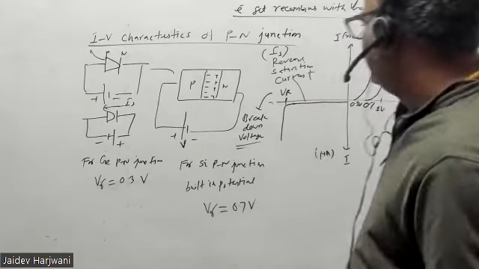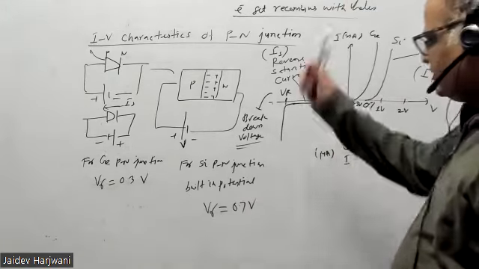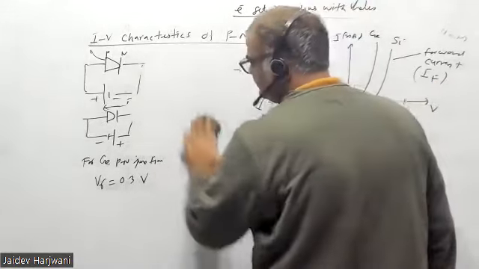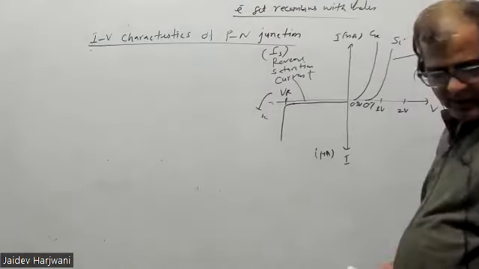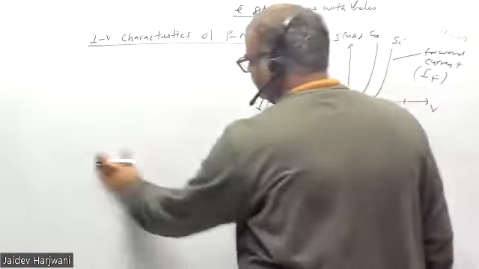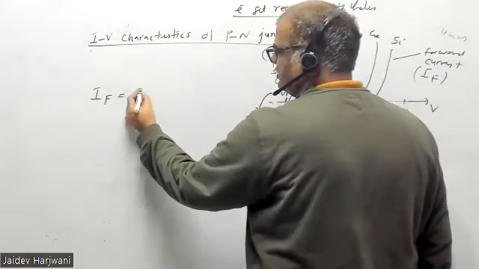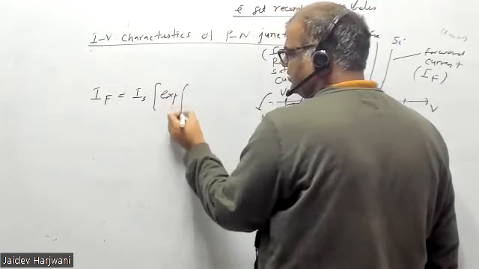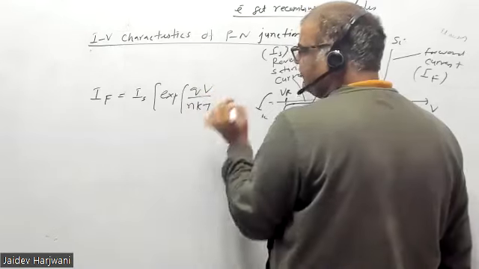Now let me tell you how we can deal with a diode in a circuit, and before that let me give you the equation of the diode. This behavior of the diode can be modeled like this. This is your forward current, this is your reverse current, and this is the exponential of q V over eta k T, minus 1, where V is the applied voltage.